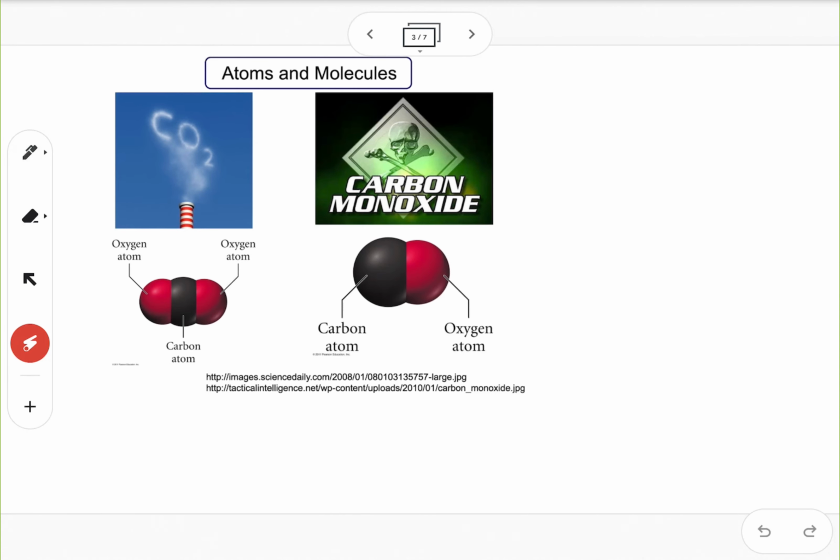Anyway, why do I want to compare these two molecules? It's because both molecules have the same types of atoms. They have two types of atoms: carbon and oxygen. In these two diagrams, the black ones are carbon and the red atoms are oxygens.